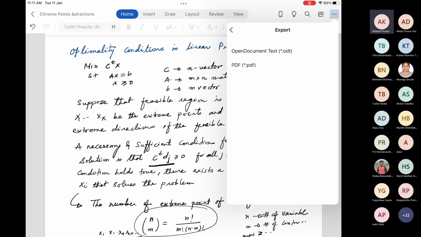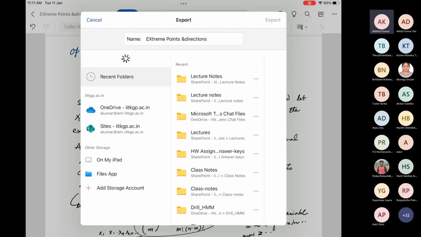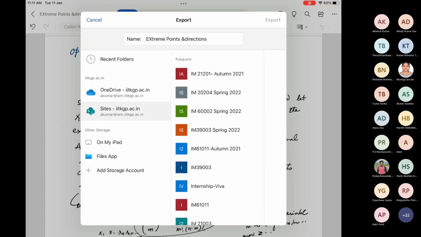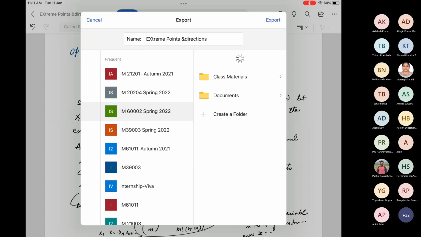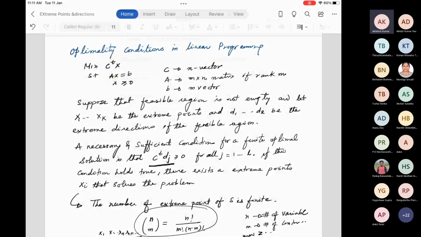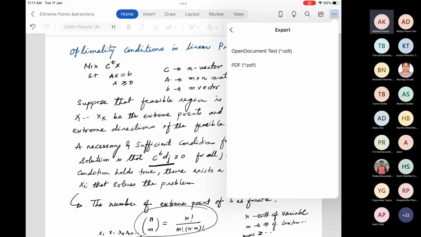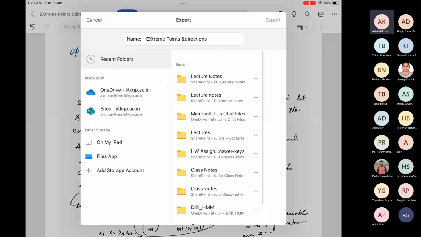Export PDF. Am I exporting it around? Just give me a second, guys. Let me upload it, otherwise, if I forget, you'll be sending me emails.